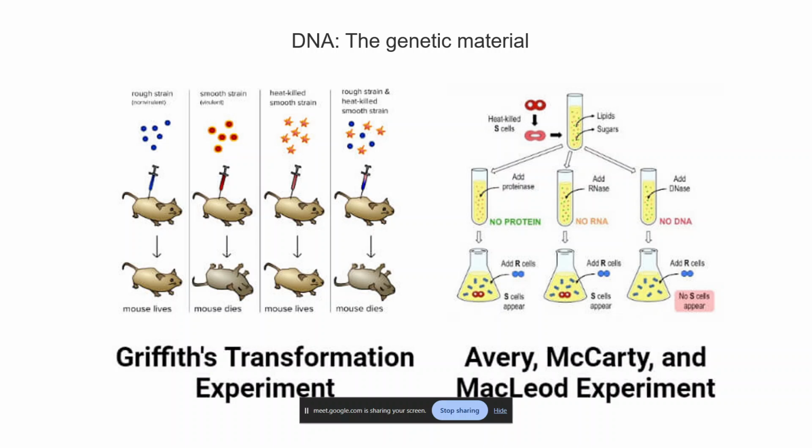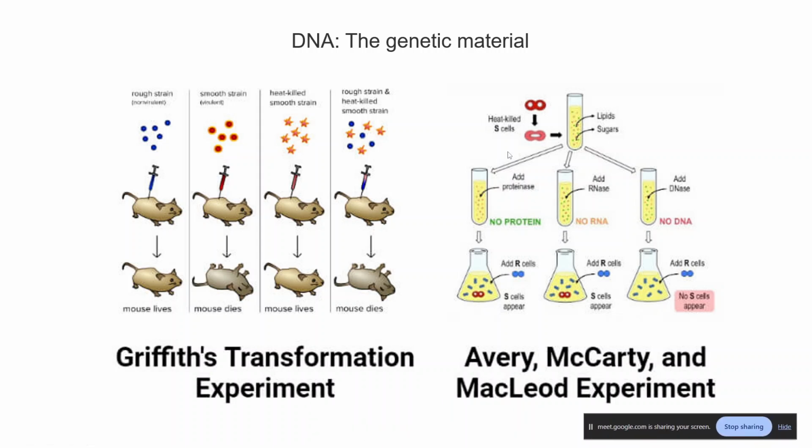So the very first experiment was Griffith's transformation experiment, where you had these different strains of Streptococcus pneumoniae, a rough strain and a smooth strain.